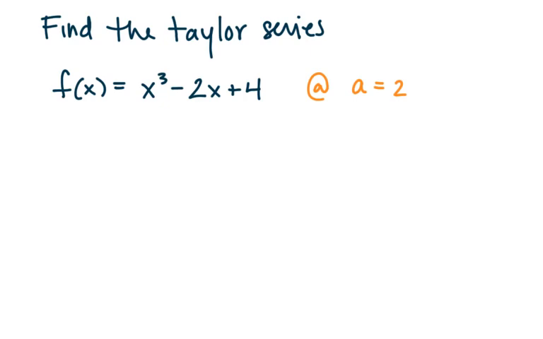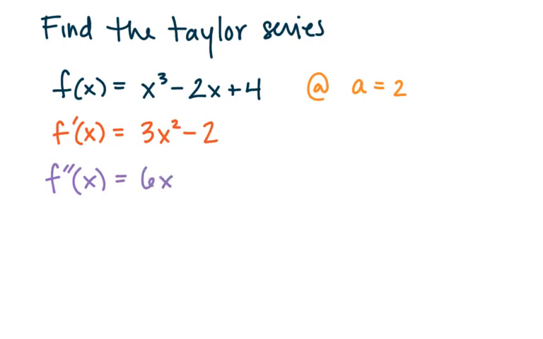So we start by listing our derivatives. F prime of x, 3x squared minus 2, second derivative, 6x. Third derivative is 6.